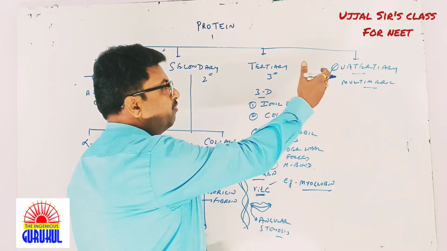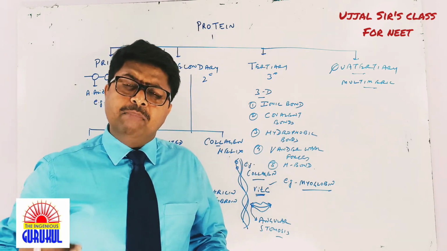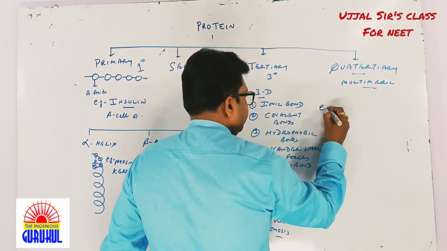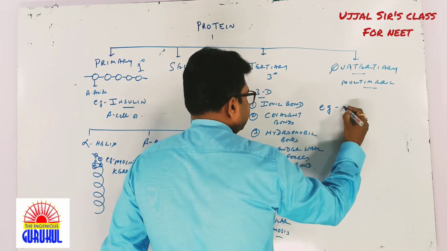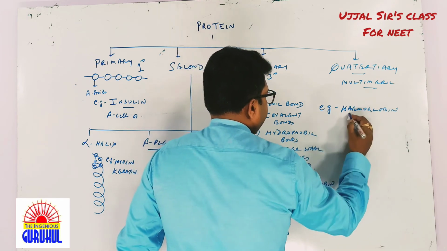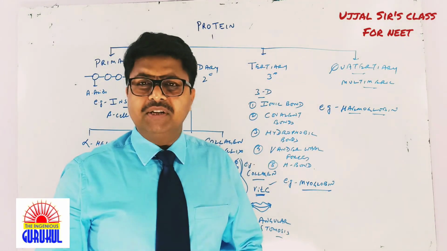So the unit of quaternary structure is each polypeptide chain with its tertiary structure, and so it's even more complex. The best example is hemoglobin, the respiratory pigment present inside RBC.